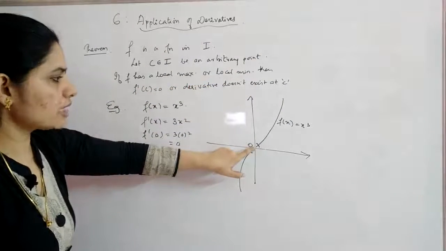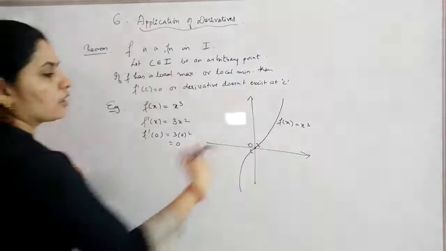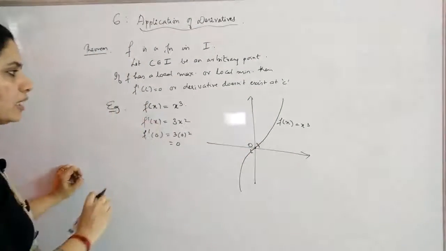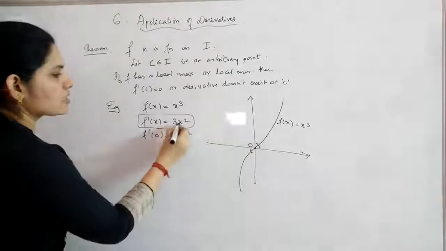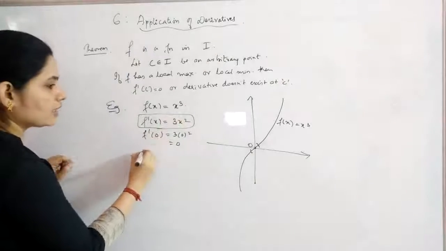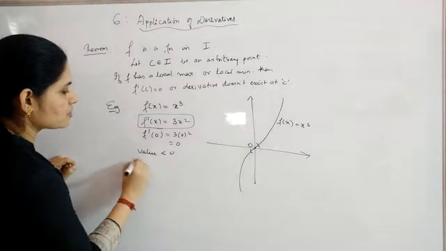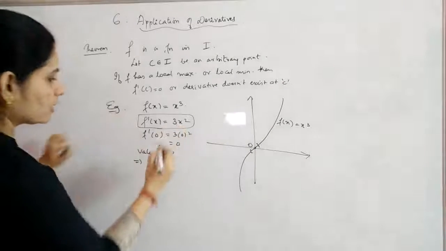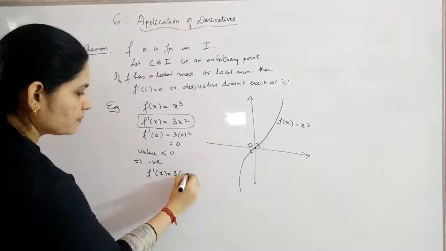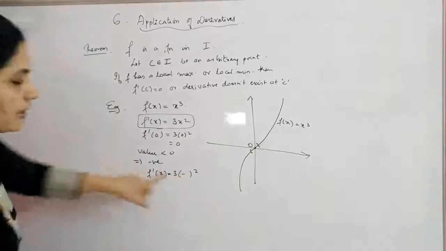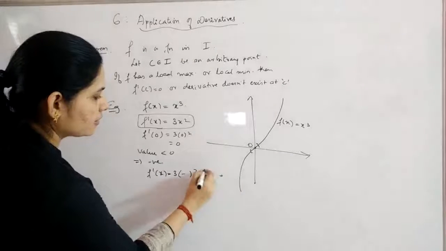But when you take a number which is less than 0 or greater than 0, since it is x square, see what f dashed is. f dashed of x is 3x square. If you are taking a negative value, f dashed of x will give you 3 into that negative value, the whole square, which gives you a positive thing, greater than 0.